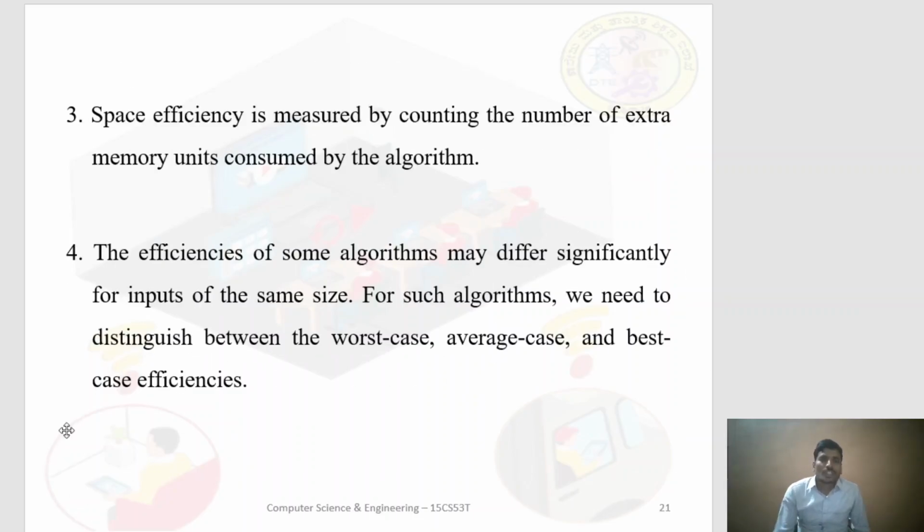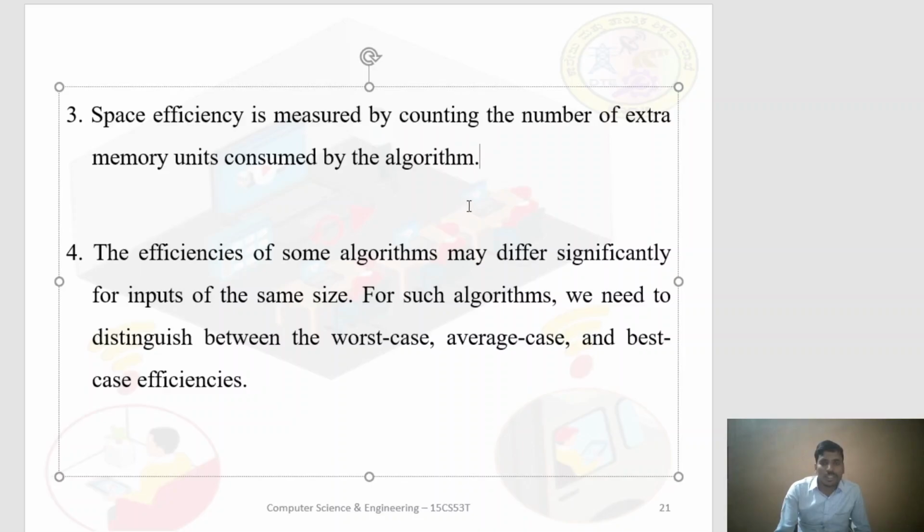And space efficiency is measured by counting the number of extra memory units consumed by the algorithm. So ಎಷ್ಟು ಮೆಮೊರಿಯನ್ನು ಯುಟಿಲೈಸ್ ಆಗುತ್ತೆ ಅದನ್ನು ನಾವು ಸ್ಪೇಸ್ ಎಫಿಷಿಯನ್ಸಿಯಲ್ಲಿ ಮೆಜರ್ ಮಾಡ್ತೀವಿ. Hence the efficiencies of some algorithms may differ significantly for inputs of the same size.